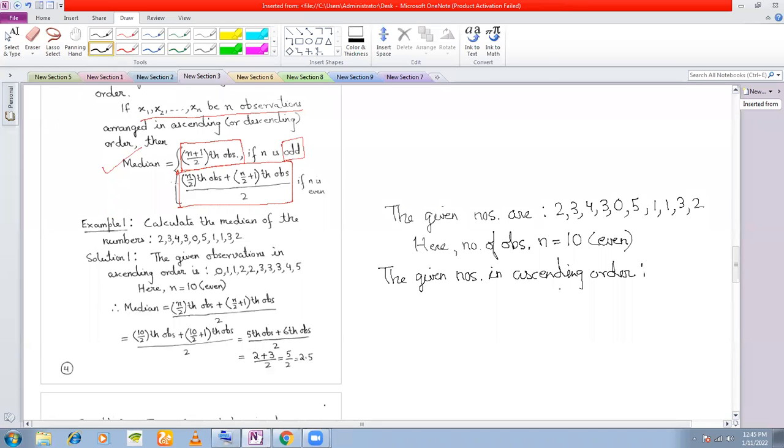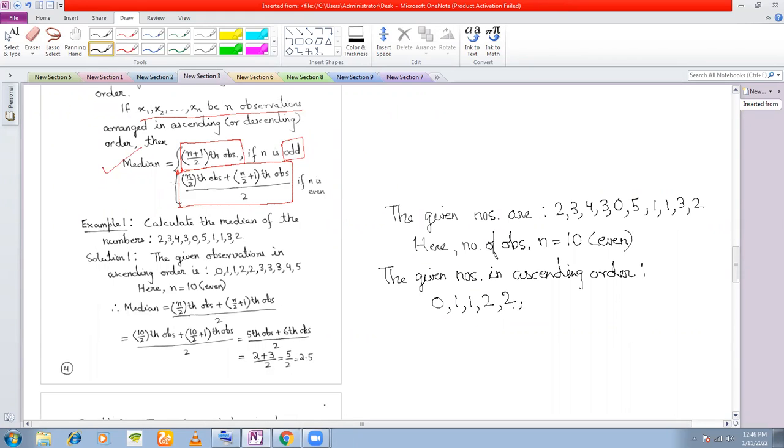So first, the lowest number here is 0. The next lowest is 1, but 1 you have twice, so you'll write it twice. The next highest number that you see is 2. You can see 2 at the beginning and you can see 2 at the last. So you have 2 2s.